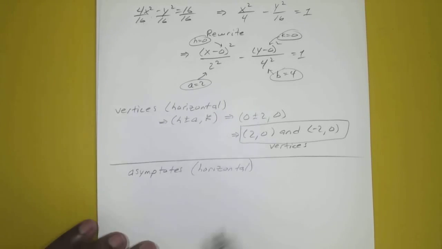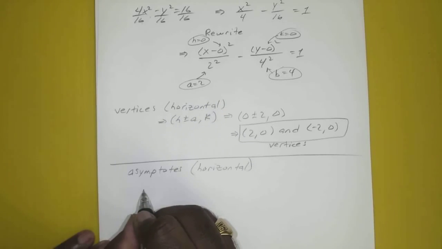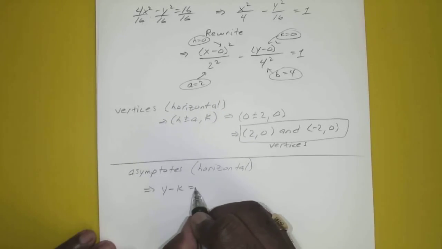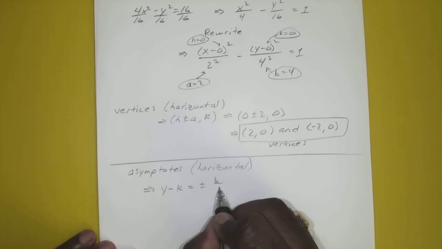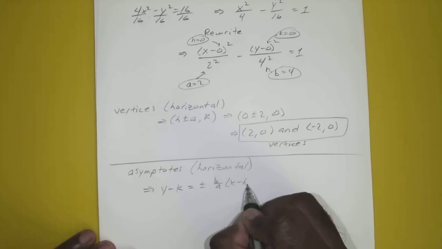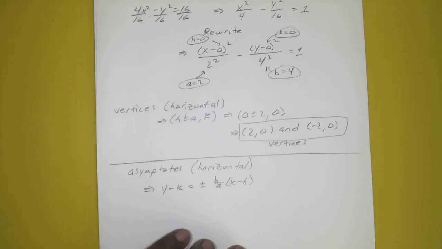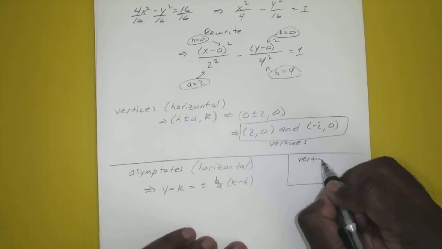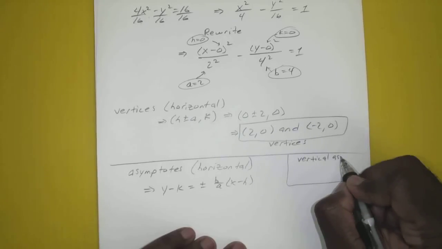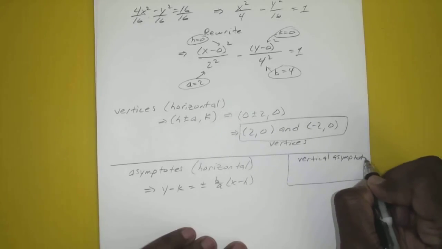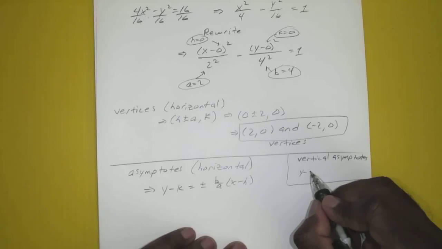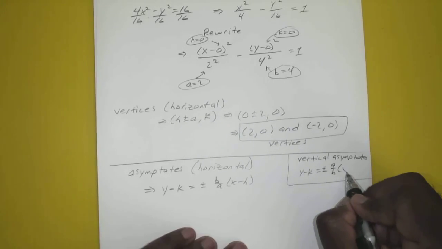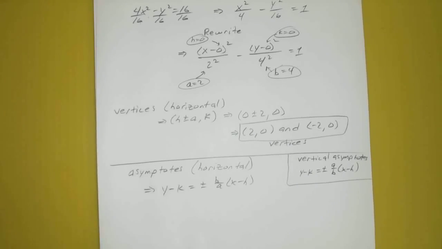For a horizontal hyperbola, the asymptotes are y minus k equals plus or minus b over a, x minus h. One thing you want to remember is for a vertical hyperbola it is y minus k equals plus or minus a over b, x minus h.